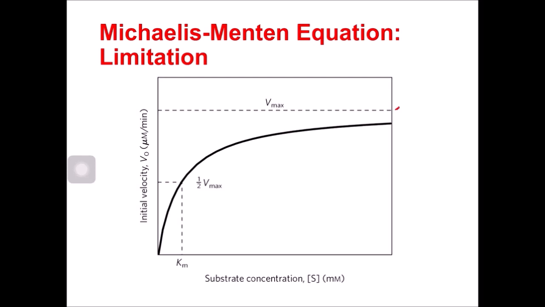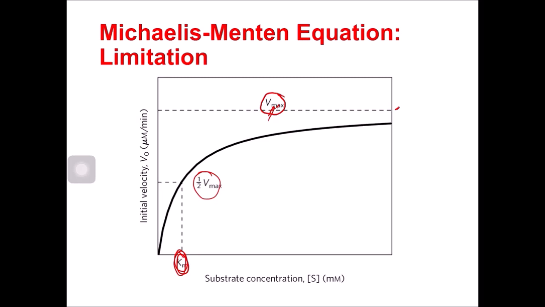So ang implication nun is kapag hyperbolic ang graph, you cannot actually determine the exact value of Vmax because it doesn't touch at all. And when you cannot get the exact value of Vmax graphically, you cannot determine Km after all. Kasi ang Km is half concentration needed para makuha ang half ng Vmax. So, pag hindi mo nalaman ang Vmax, hindi mo malalaman yung Km.